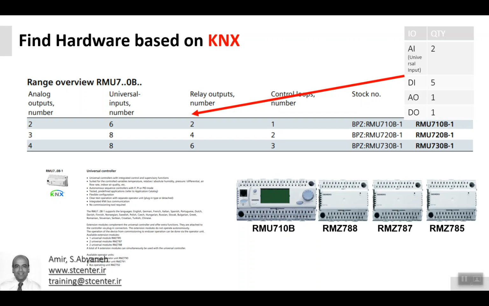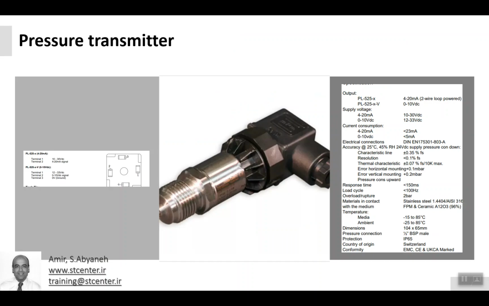In the picture you can see the Synco 900 from Siemens, a compact controller like the RMU. We can use it according to the I/O, select it and connect it to the system to read and control it.